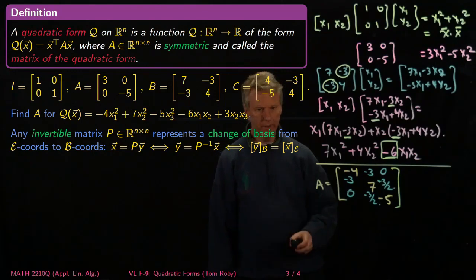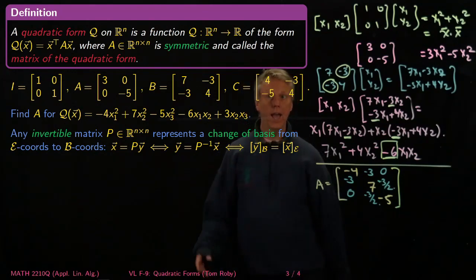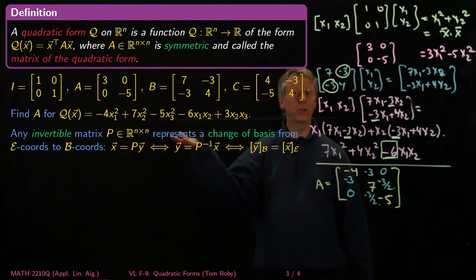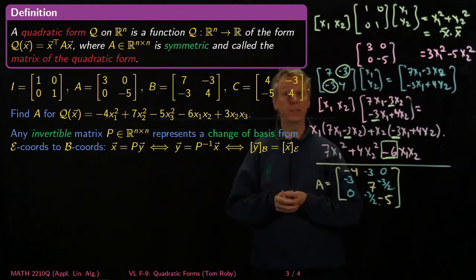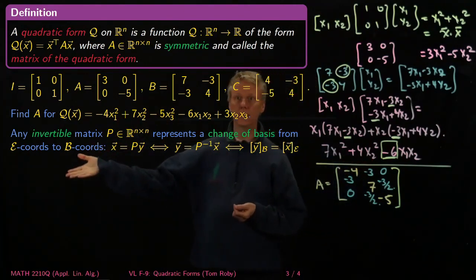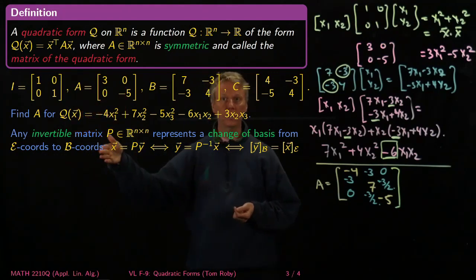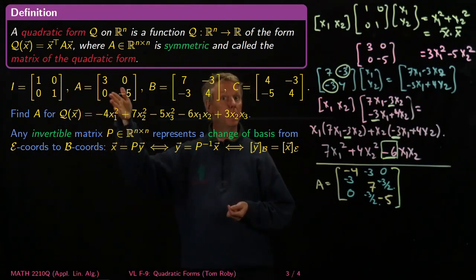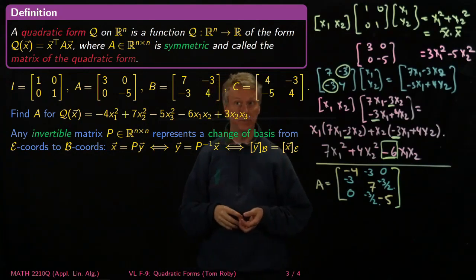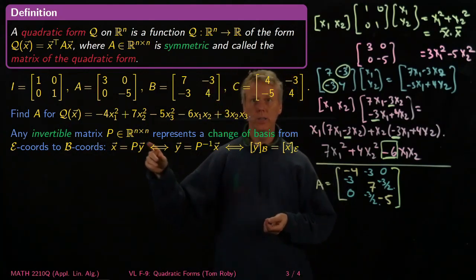Okay, so now I'd like you to recall how an invertible matrix, any invertible matrix, actually represents a change of basis between the standard coordinates and the B coordinates, where B is the columns of the matrix P. Okay? And so let's just think about that.